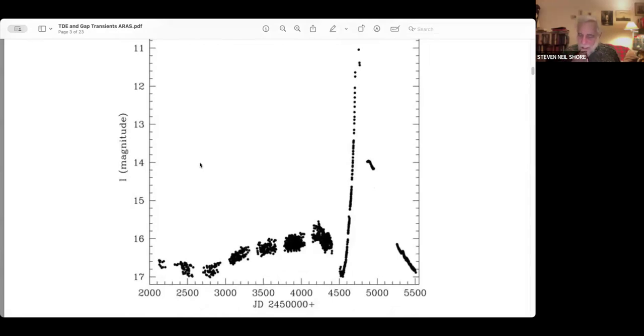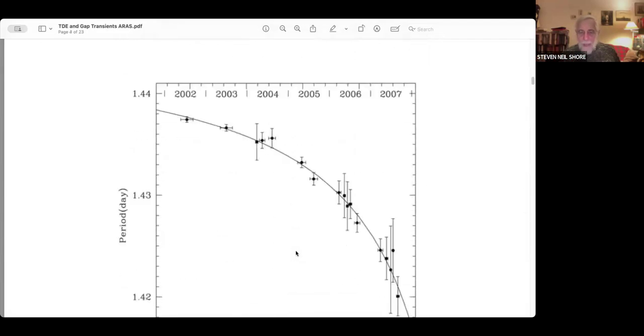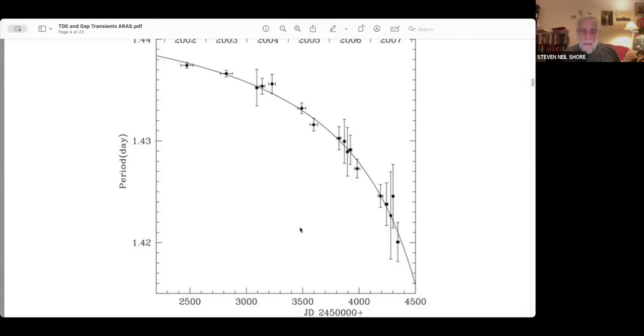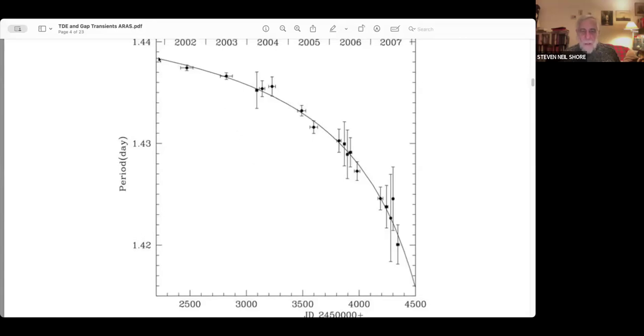This was clearly not something that was previously expected, but it had been observed, in this case, for something like 8 years beforehand. It had a period of a little less than 1.5 days. And in 2002, that period was seen to be changing.